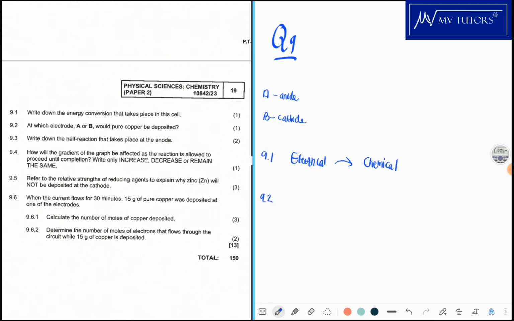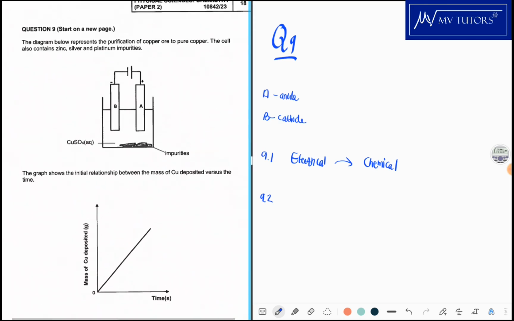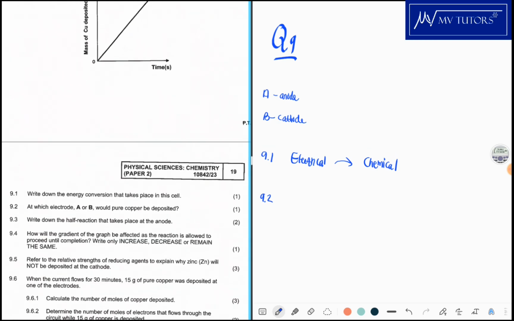And then 9.2, at which electrode, A or B, would pure copper be deposited? Okay, so again, looking at our diagram over here, at A, that is where oxidation occurs, all right? So you'll be losing some mass there. And B, that is where reduction occurs. So that's where the copper, the pure copper, would be deposited. Okay, so 9.2 is B.